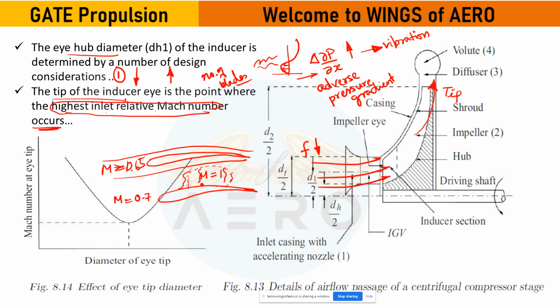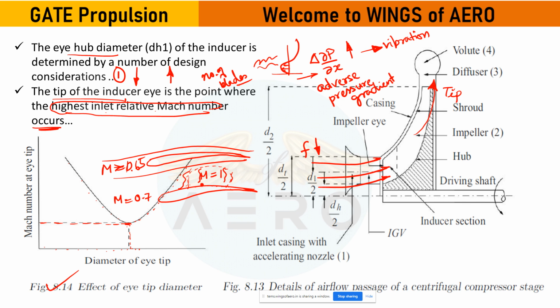So while designing, they have to design in such a way that when they test it, you can see in this graph, right? The effect of eye tip diameter: as the diameter increases, the Mach number at the eye tip decreases. At some point, by further increase in eye tip diameter, there is again an increase in Mach number. So while designing, we have to take the minimum value where we have the least Mach number.